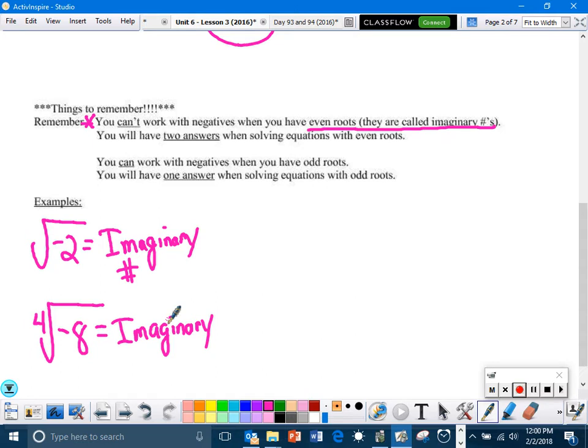Okay, the next statement. You will have 2 answers when solving equations with even roots. You already know that. For example, if I have x squared equals 16, and we take the square root of both sides, x equals positive or negative 4.